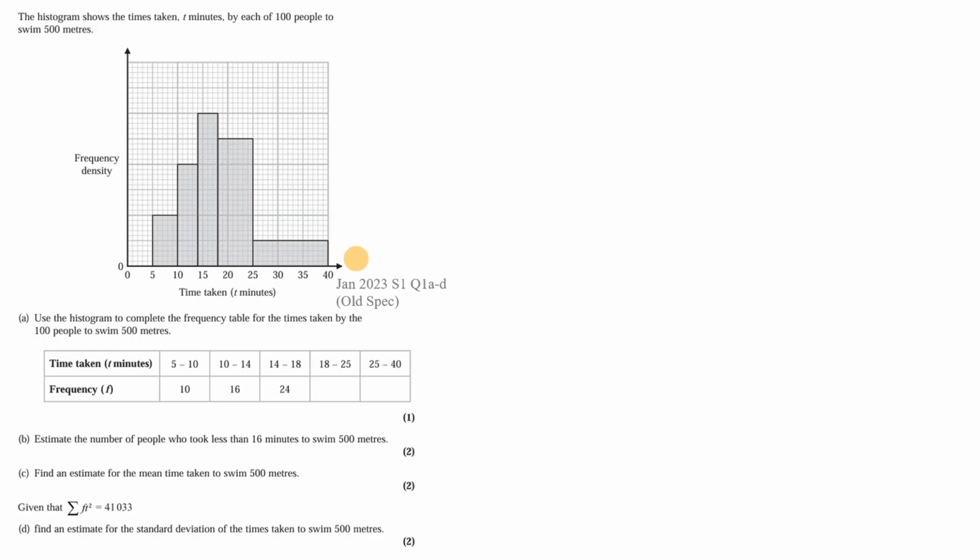So first, we need to find K, and we can do this because you can use any three of these entries here, but for 5 to 10, for example, we know the frequency is 10 and we can see the bar here, so we can figure out the area of the bar and therefore find K, okay? If we look at this bar here, the width is between 5 and 10, so the width is 5, and this is multiplied by the height.